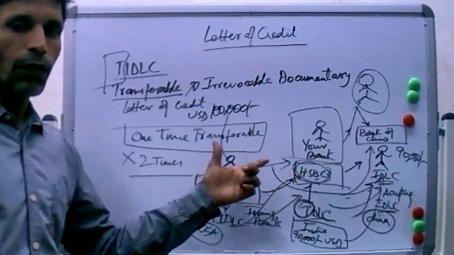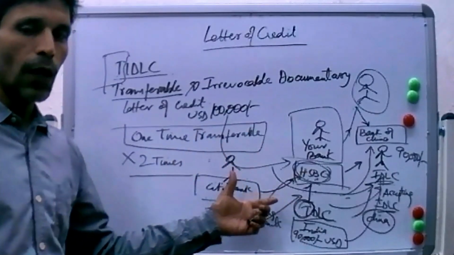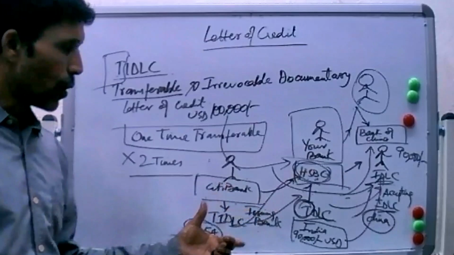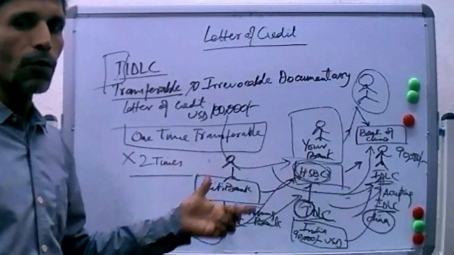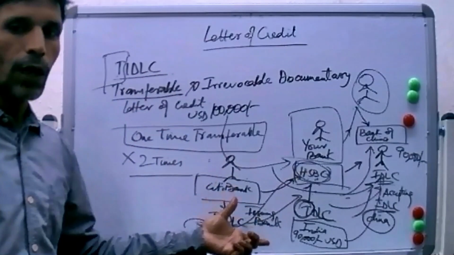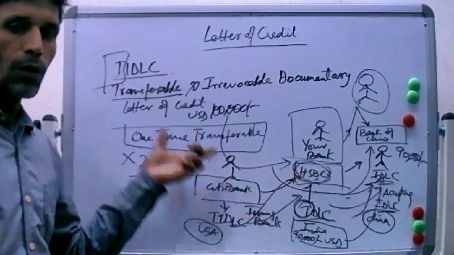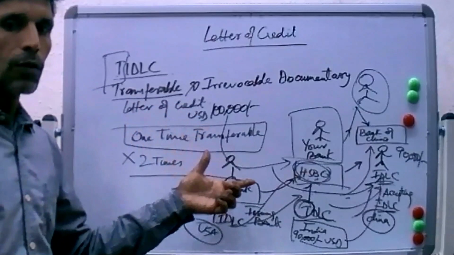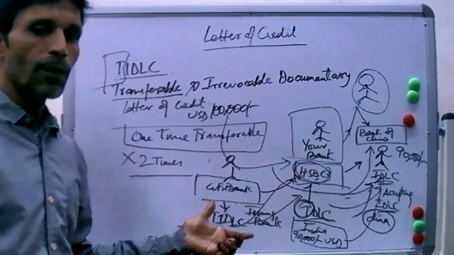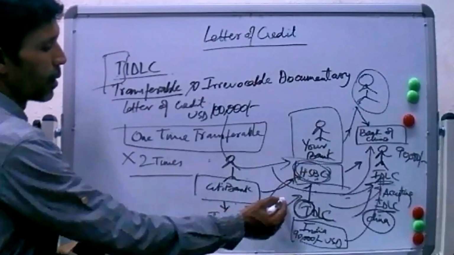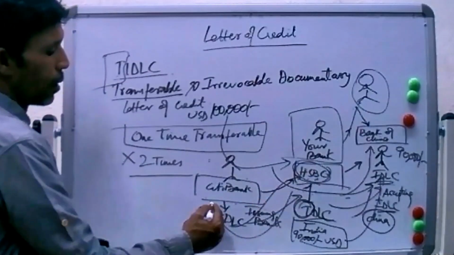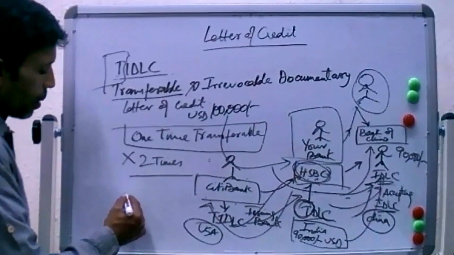Why? Because he will of course ask, not after issuing this TIDLC, but before making the letter of credit, he will ask for the proof of the goods. So when he asks for the proof of the goods, you can advise him, sir, I will provide the proof of the goods by PPI certificate.